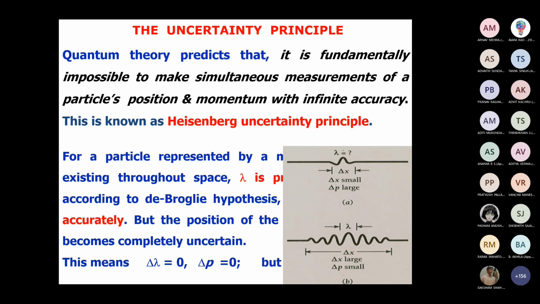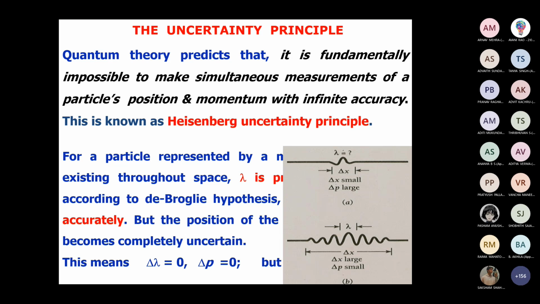For example, take a particle represented by a monochromatic wave existing throughout space. Lambda is precisely known, right? By the de Broglie hypothesis, lambda is equal to h by p, so the momentum is known accurately.